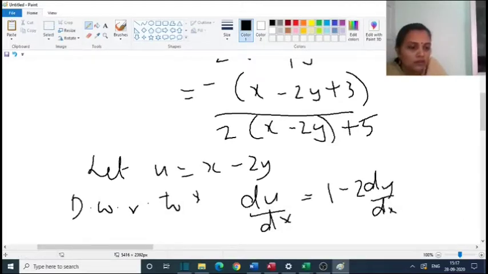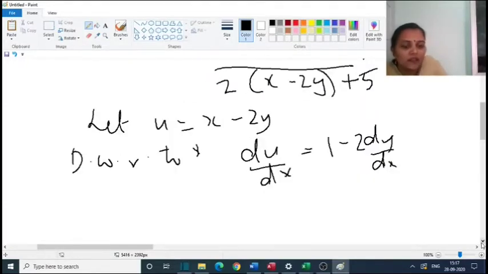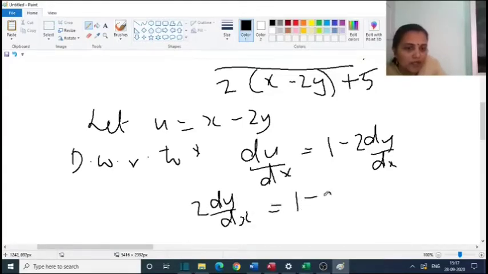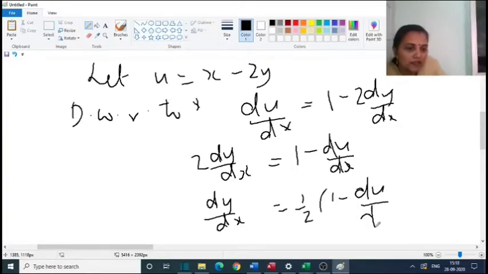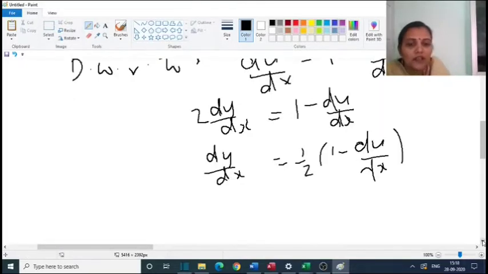Shifting dy by dx to this side, 2 dy by dx equals 1 minus du by dx, so dy by dx equals 1 by 2 into (1 minus du by dx). Substitute the value of u and dy by dx in terms of u in the given differential equation.